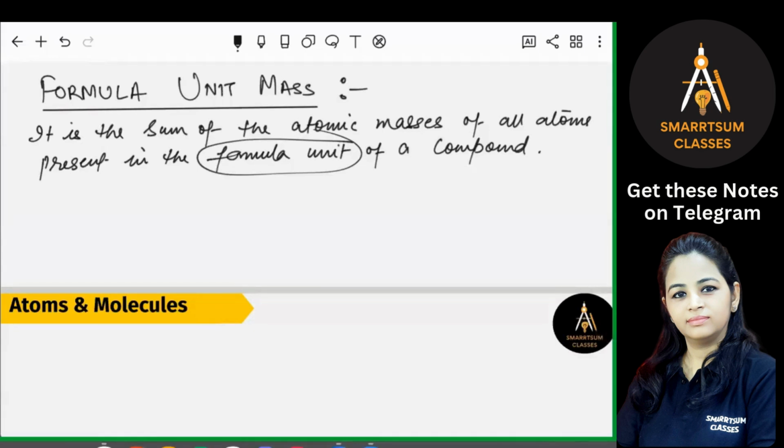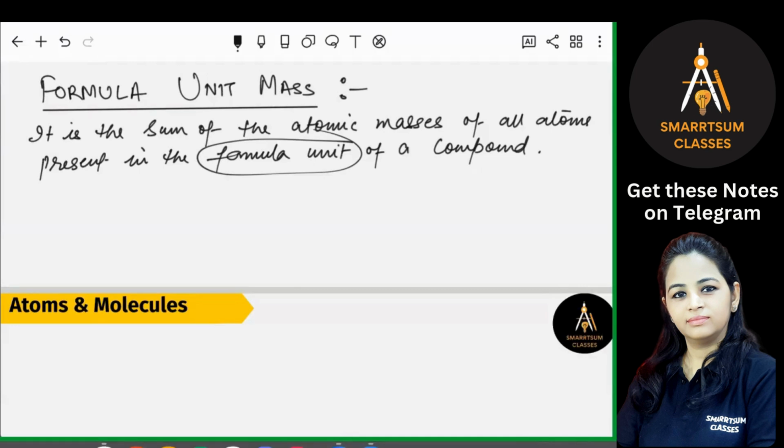This word formula unit is used for the substances whose constituent particles are ions. So when the constituent particles are ions, instead of molecular mass, we use the word formula unit mass. That is the only difference.